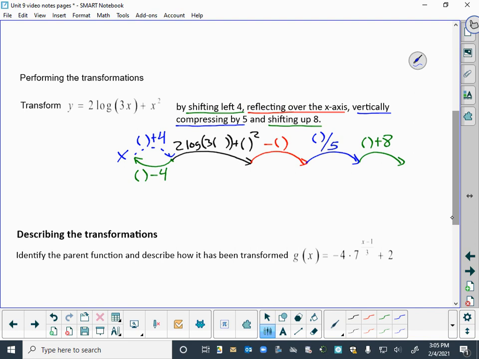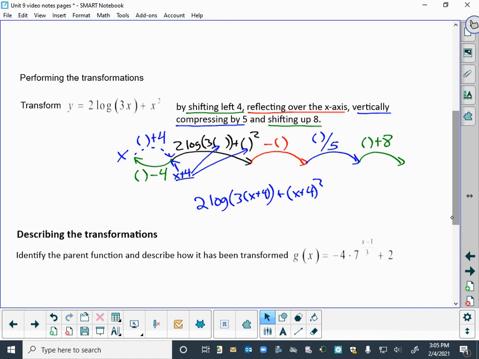And so I start with the x and add 4. That's going to give me an x plus 4 as an output right there. This x plus 4 is going to go into those sets of parentheses. So that's going to give me a 2 log 3 times x plus 4 plus x plus 4 squared.